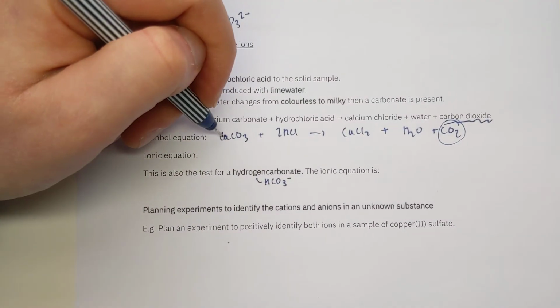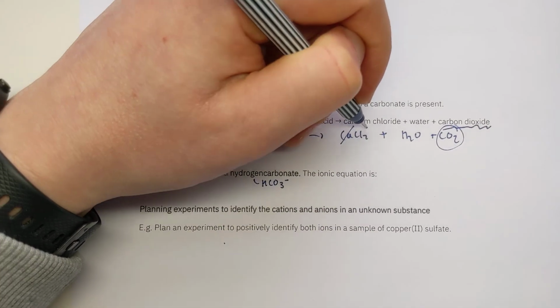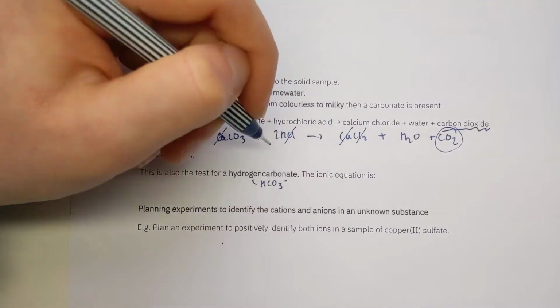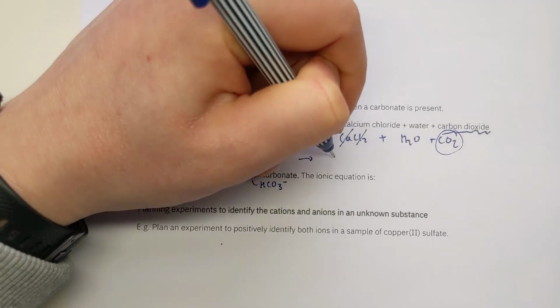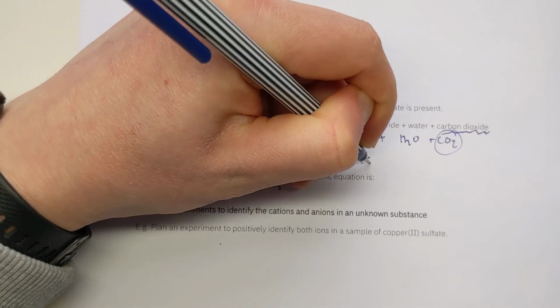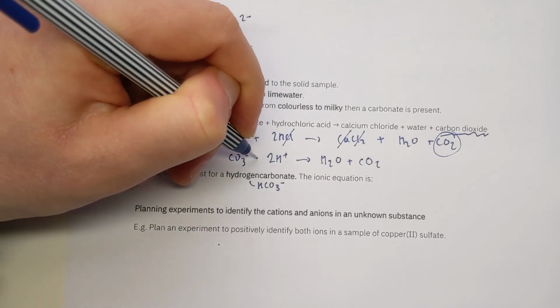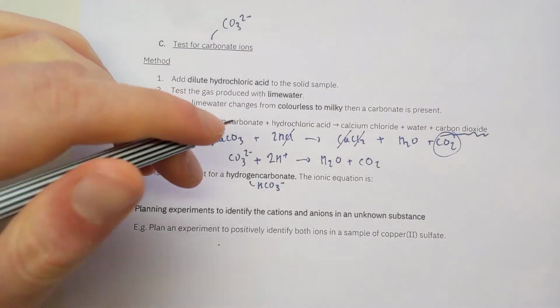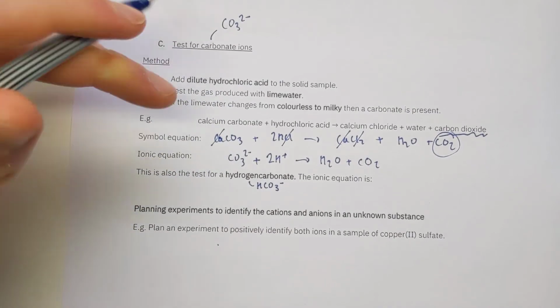The calcium ion is nothing to do with this equation, I can take it out, and also the chloride ion's got nothing to do with this equation. If I look at what's left over, essentially I've got 2H plus from the acid going to H2O plus CO2 because it's reacting with the carbonate ion, CO3 2 minus. Looks a little bit strange there. I've not really seen that come up at GCSE level though, but maybe worth learning.